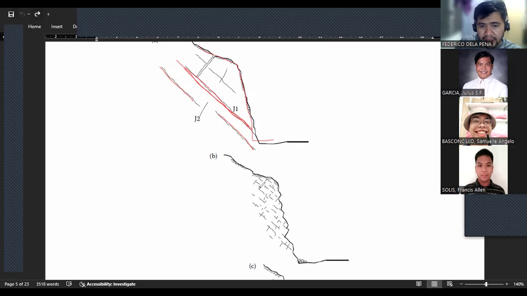On the other hand, we have another rock slope here, and you can notice that the discontinuities are relatively short. That's what we normally call low persistence discontinuities.